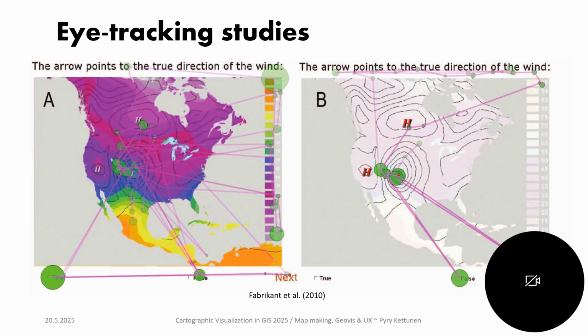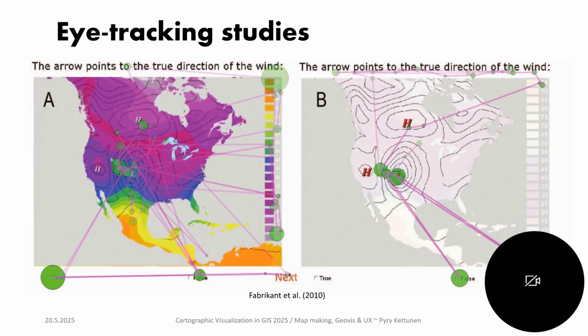Maybe one example only of these eye tracking studies, so that we can get to the discussion. But this was one by Sara Fabrikant and group from the University of Zurich, where they studied how professional air pressure maps of meteorologists can be read and understood by the meteorologists when varying the visualization with colors, essentially.